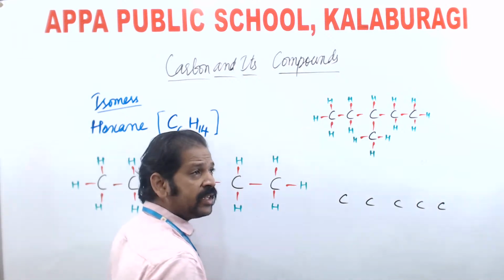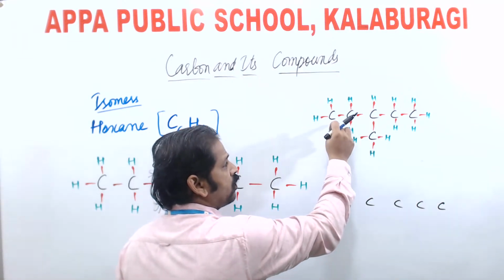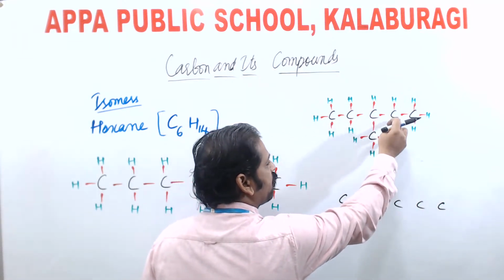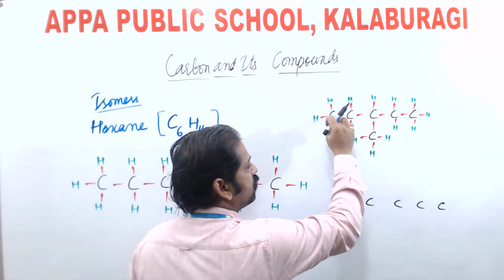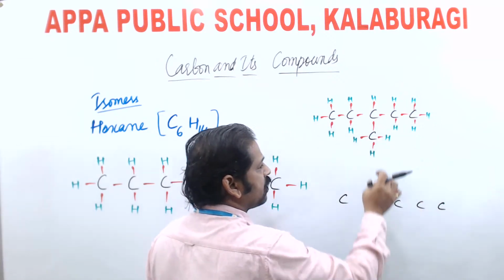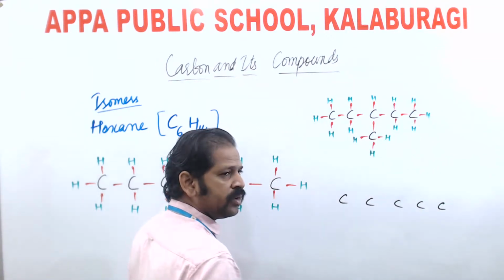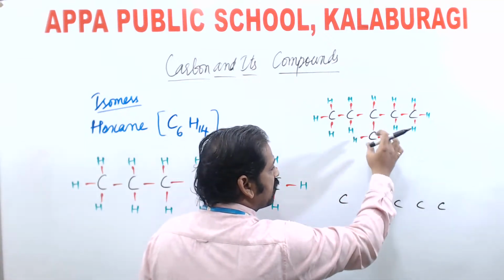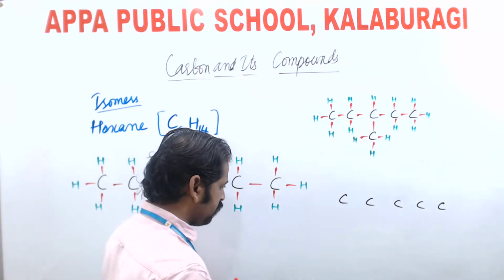Now, which is the main chain? 1, 2, 3, 4, 5. These five carbons are straight. This is only the branch, and it gives a different name.